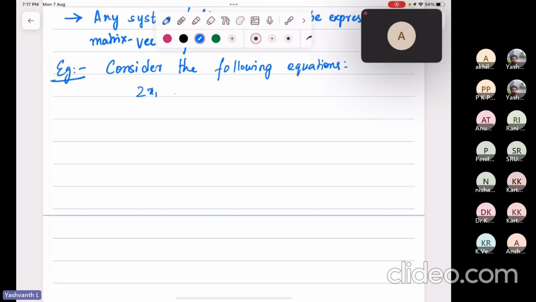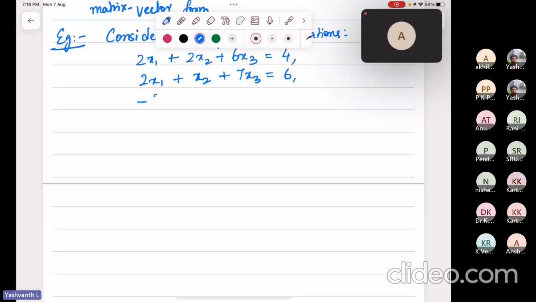2x1 plus 2x2 plus 6x3 equal to 4. 2x1 plus x2 plus 7x3 equal to 6. And minus 2x1 minus 6x2 minus 7x3 equal to minus 1.